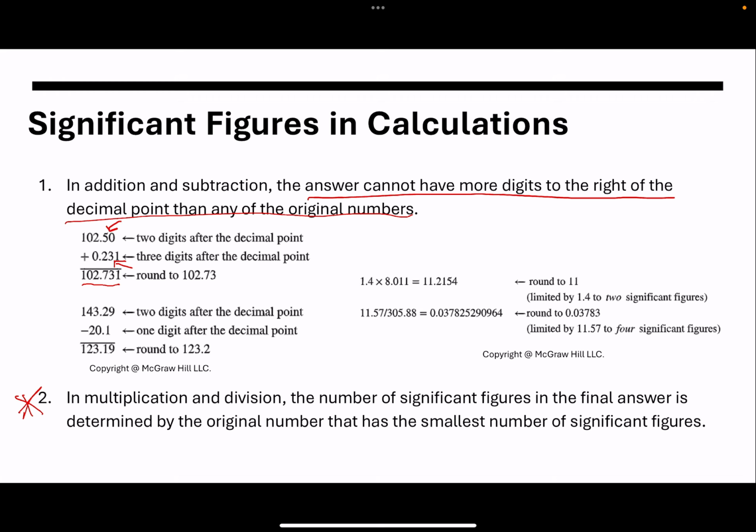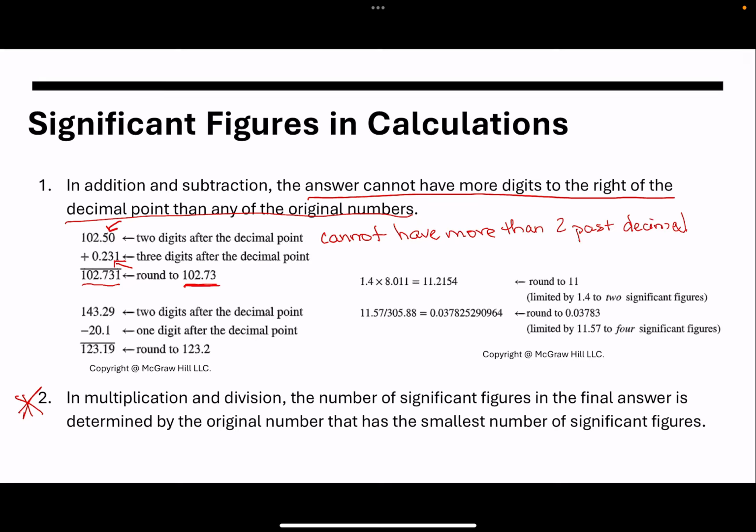But we know that we cannot have more than two past the decimal. So that means we have to round this to 102.73.